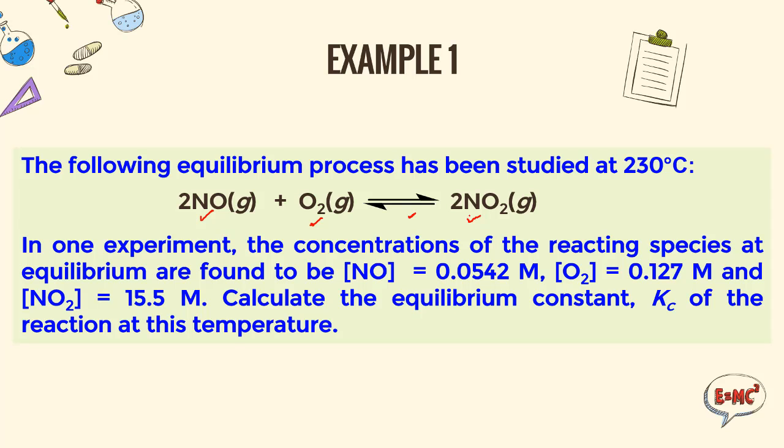In one experiment, the concentrations of the reacting species at equilibrium are found to be: the concentration of nitric oxide is 0.0542 molar, the concentration of oxygen gas is 0.127 molar, and the concentration of nitrogen dioxide gas is 15.5 molar. Calculate the equilibrium constant Kc of the reaction at this temperature.